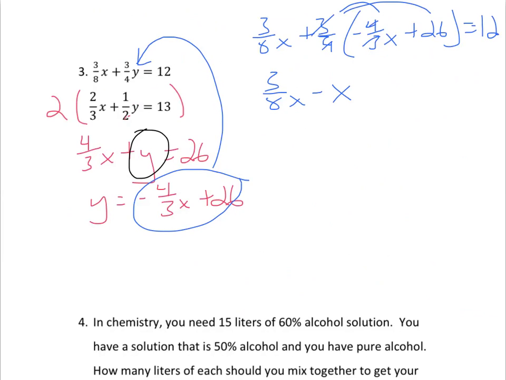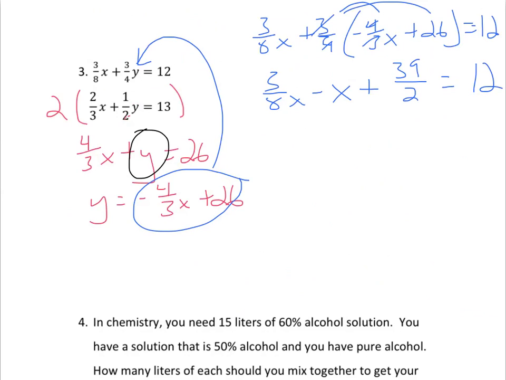And you can solve for 3/4 times 26, and you're going to get plus 39/2 when you do the multiplication and you reduce it. You guys can check that at home. I promise it's right. That all equals 12.